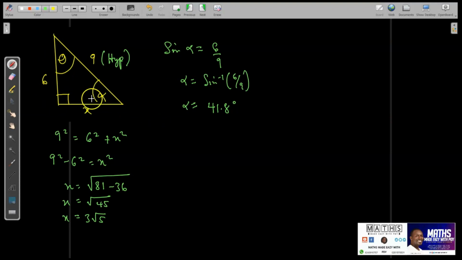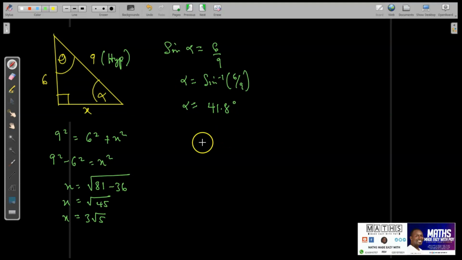If you have a right angle triangle and you put alpha here, how can you also get theta? Exactly. So you can add all the interior angles and then equate it to 180 degrees.